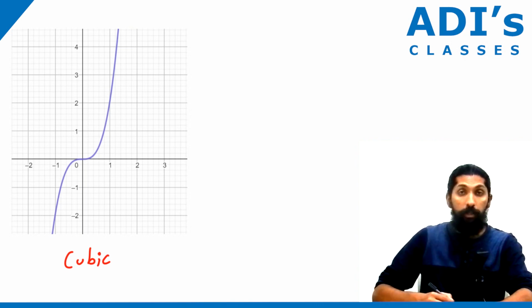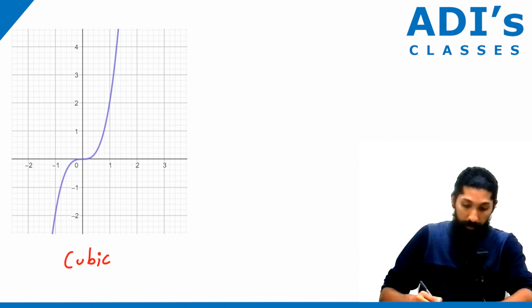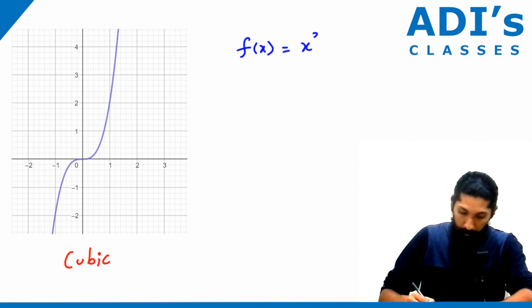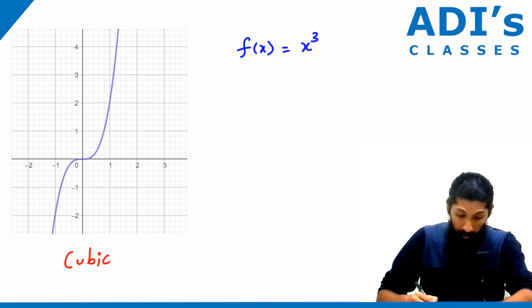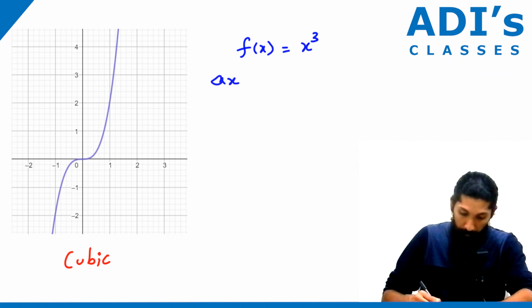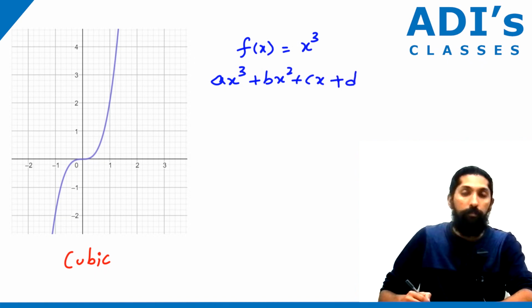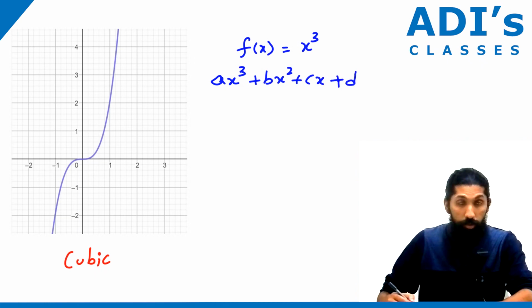You have a particular curve, right? So we can write this as f of x is equal to x cube, or in general ax cube plus bx square plus cx plus d. This is the general cubic polynomial function.